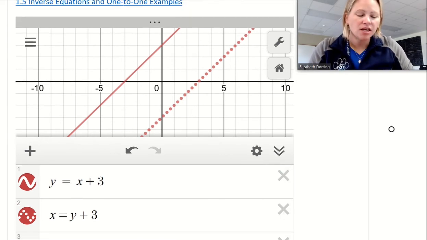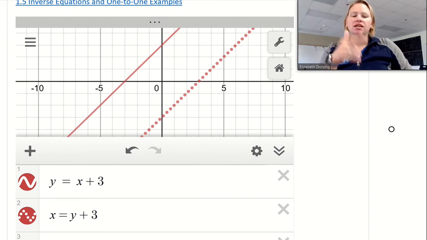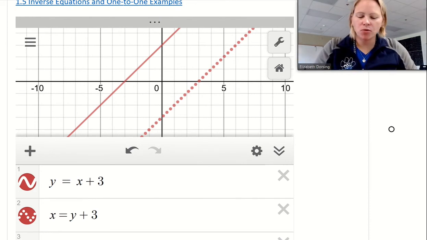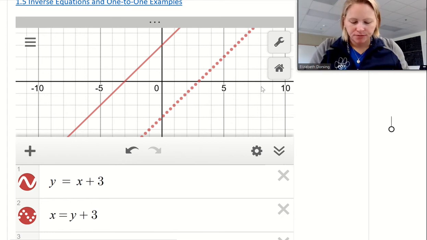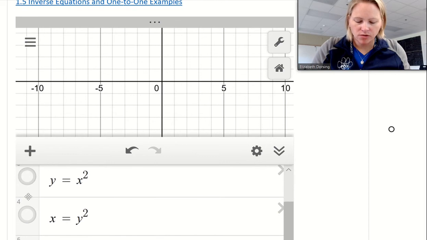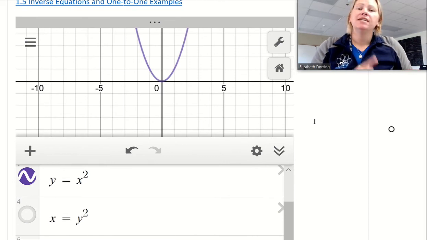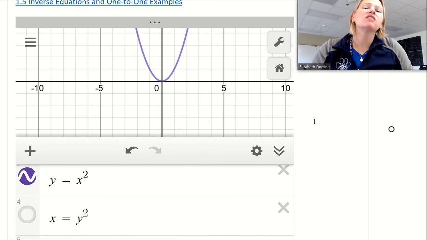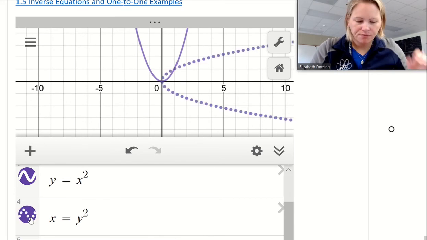You can see that if I test the dotted line, that's the graph of the inverse, with that vertical line test, it is a function. So here in example 1, we were one-to-one, and the inverse is a function. Now let's take a look at example 2. Y equals x squared. We said that y equals x squared, yes, it is a function, but we discovered that it was not one-to-one. Let's take a look at the inverse.